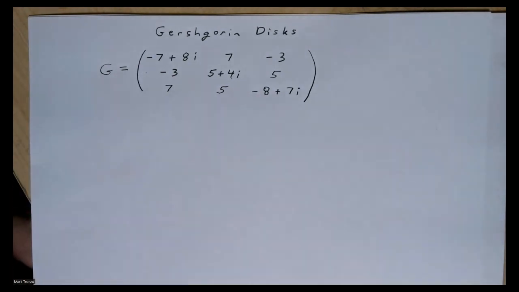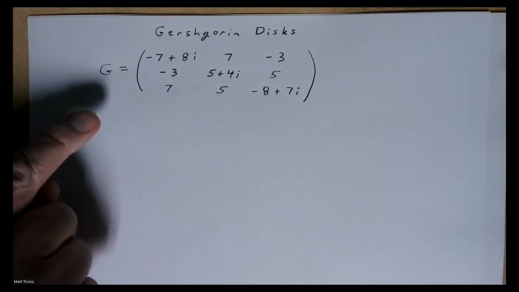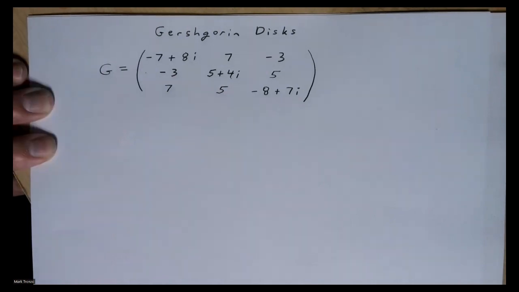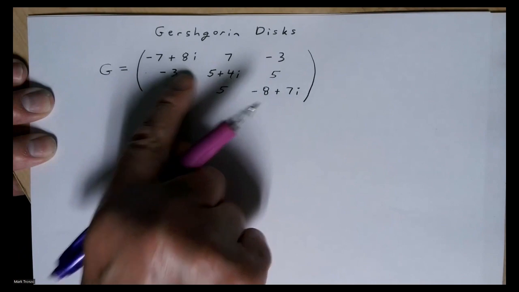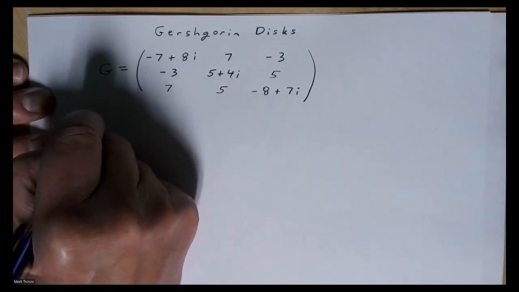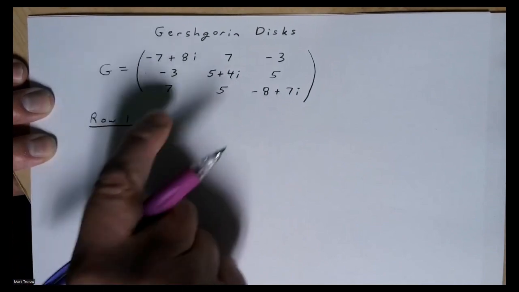So let's first take a look at this matrix here, call this G. Let's find the Gershgorin disk for this matrix. I'll go through like we did before. Let's look at row 1 or disk 1, however you want to think of this.